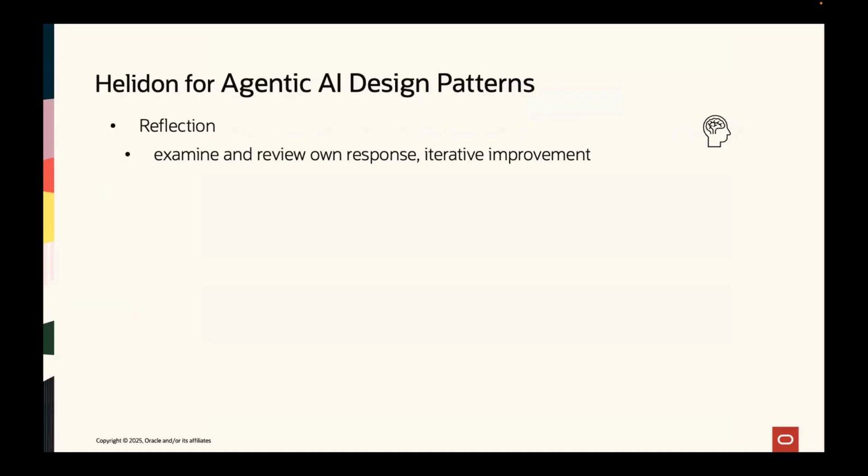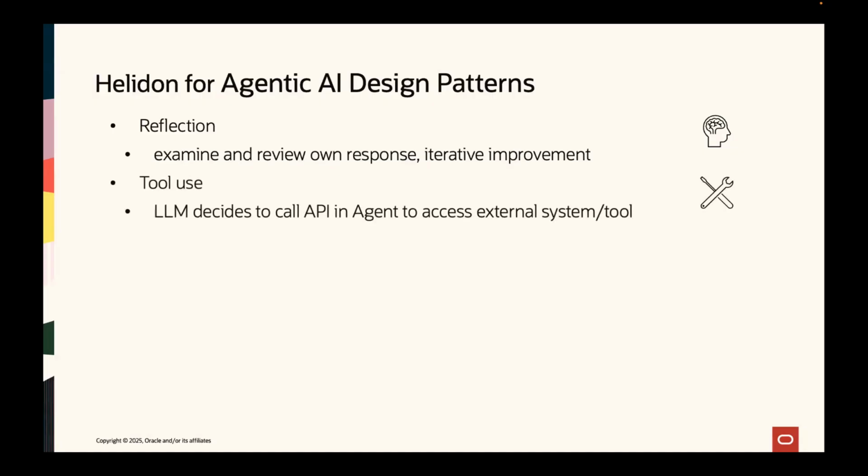And this is having the LLM review its own response and reflect on that and see if it can improve upon that. And there are also various ways to write the prompt to do that. The second way as part of that reflection is you can also use a tool.